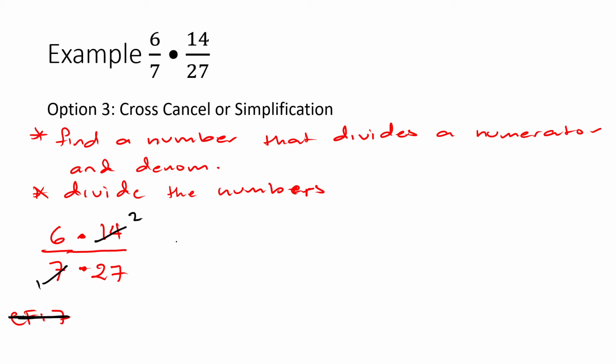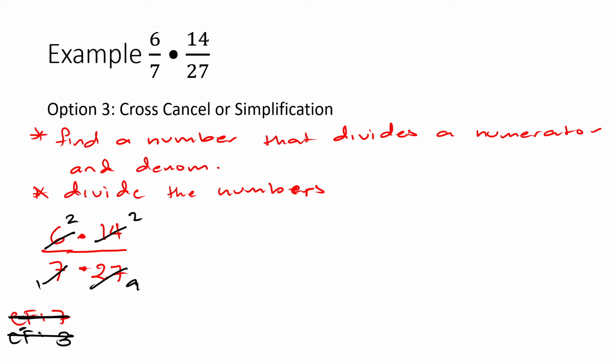Do they share a common factor? Yes. You can divide 6 and 27 by, not 6, it's 3. So let's divide them. 6 divided by 3 is 2. 27 divided by 3 is 9. Anything else?